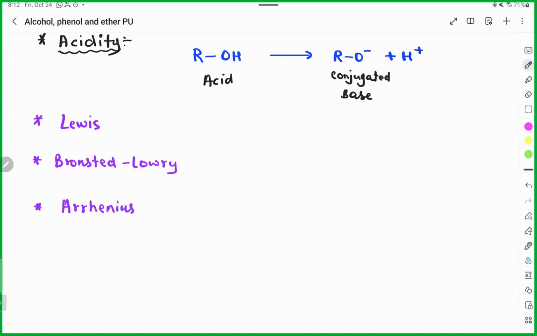Arrhenius. Yeah, so Arrhenius theory. Yes. Chinmay, according to Lewis concept, what is acid? According to Lewis concept, acid is electron pair acceptor and base is electron pair donor. Electron acceptor molecule. So it means base will donate electrons. Yeah, sir. Continue.